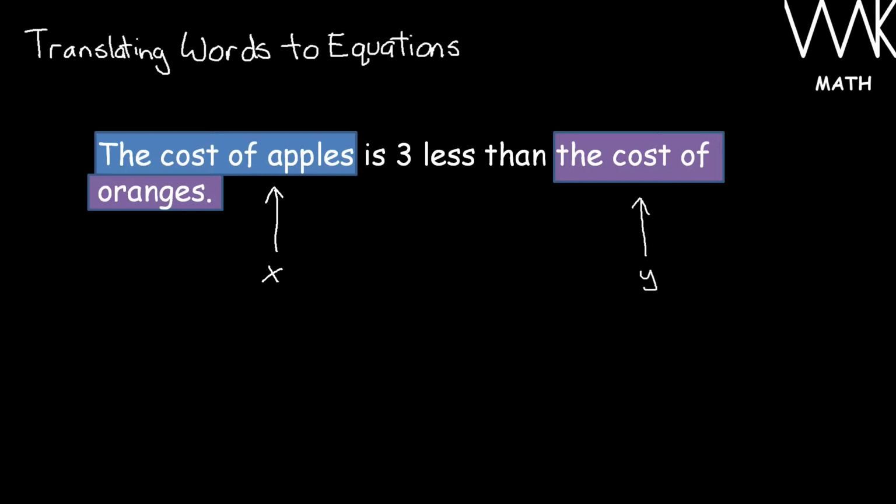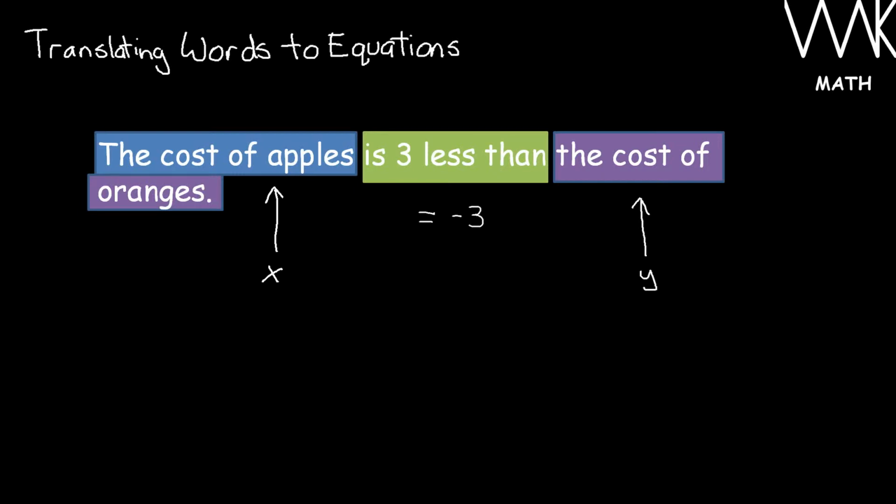In this case, it is 3 less than. Now, how do we translate this? We look back at our dictionary and we see some of our buzzwords. Is means equal sign. Less than means minus. And we have a 3 in front, so 3 less than means minus 3.